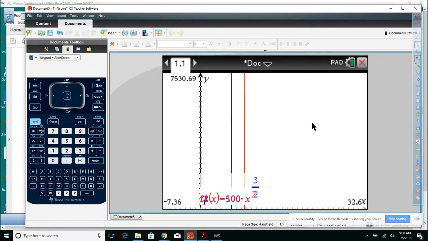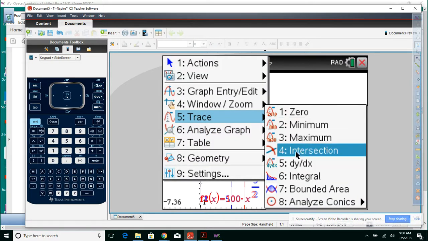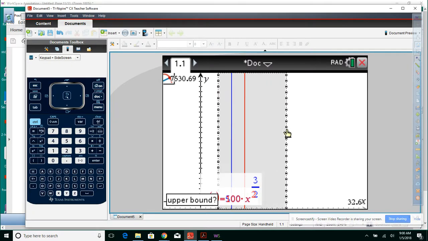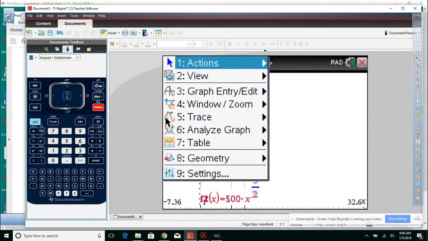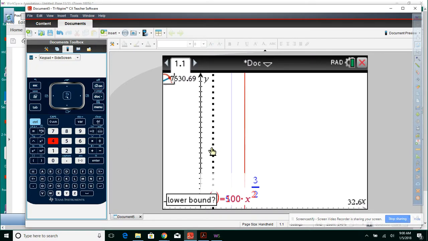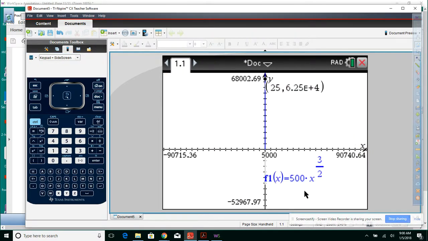Let's see here. Menu 6, 4, and let's hit it here. And we know somewhere over here it's got to cross. There it is, 25. Okay, there it is, 25.